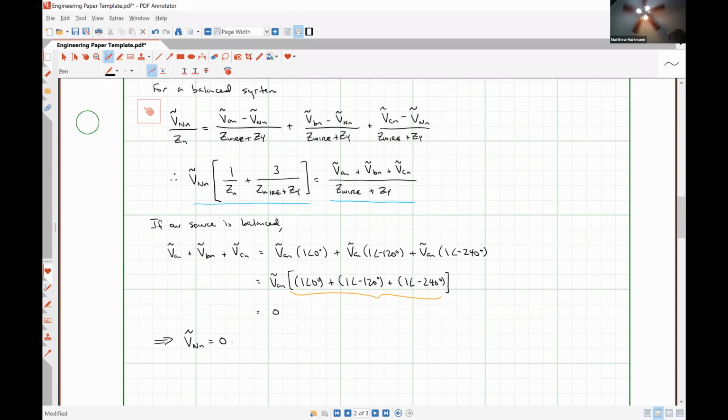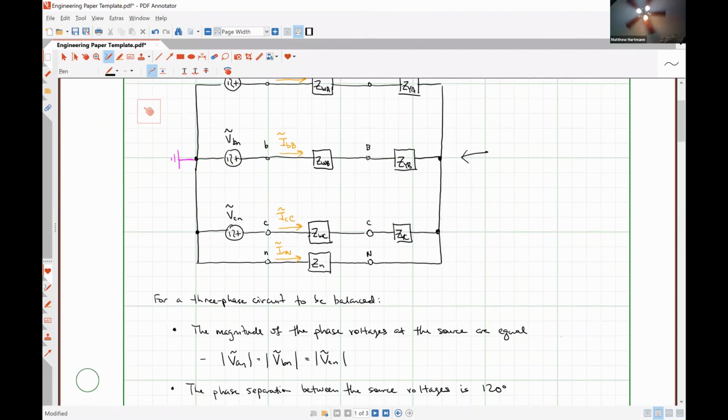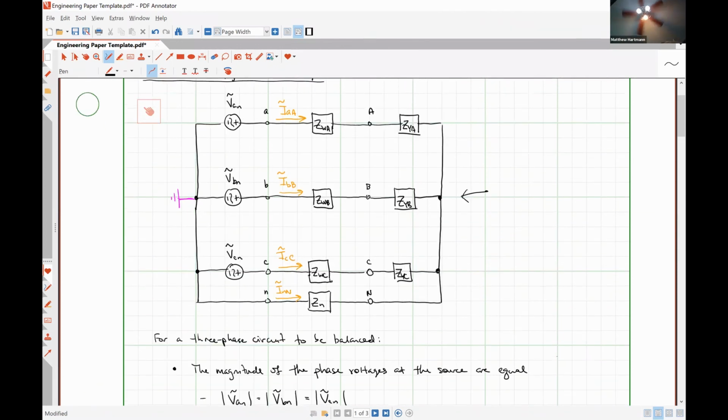And this is a very, very important revelation. So let's talk about this for just a second. So if we go back to our diagram here, if the voltage drop over this impedance Zn is equal to 0, then what does that tell us about the impedance Zn?